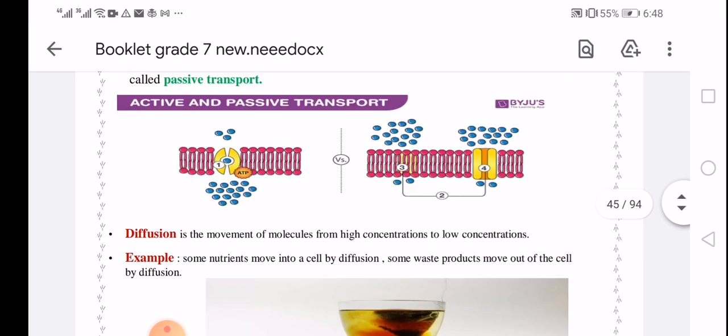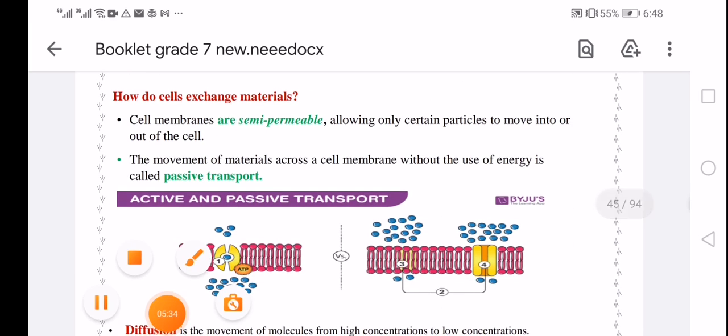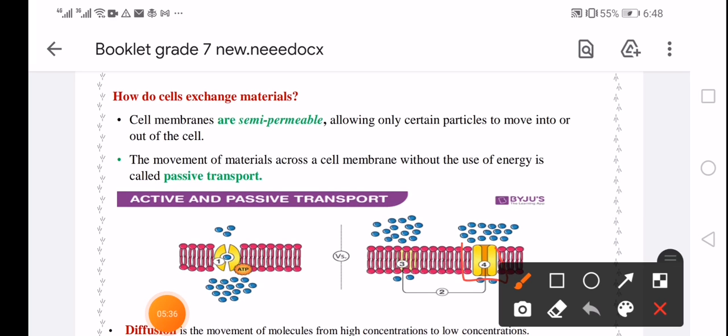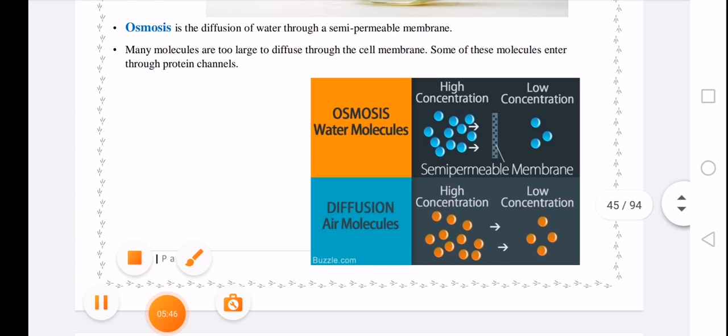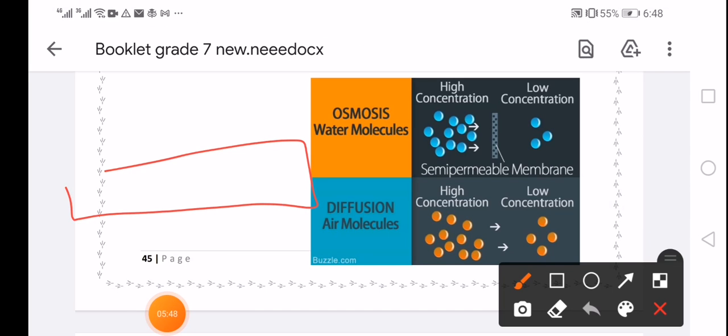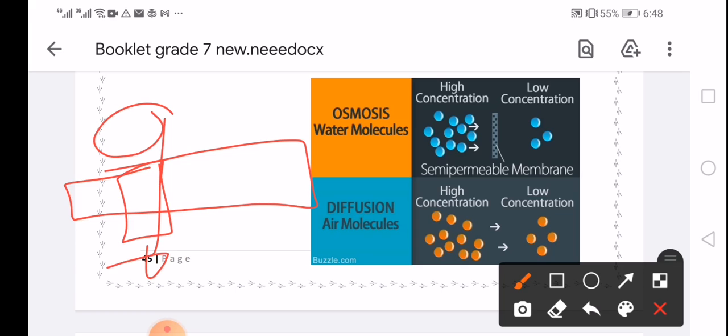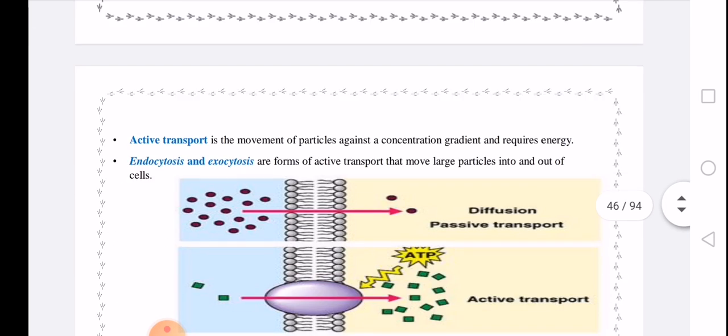Look, like here, this is a protein channel. Inside the cell membrane there is a channel like this to allow large particles to pass through.